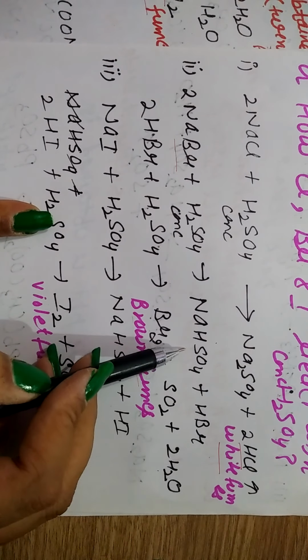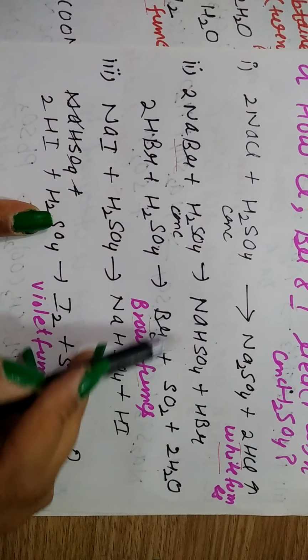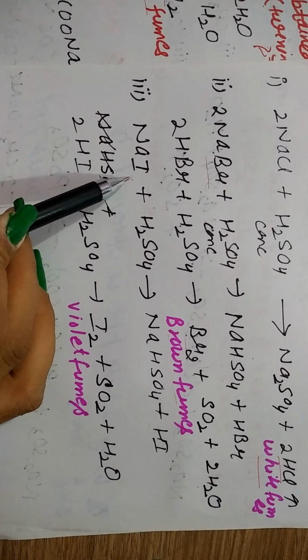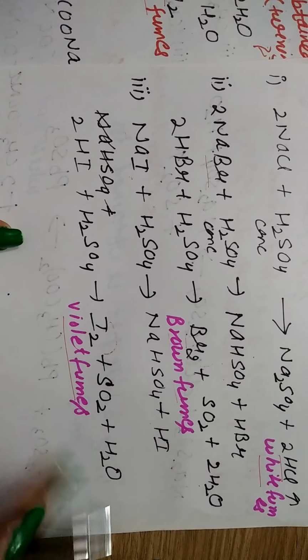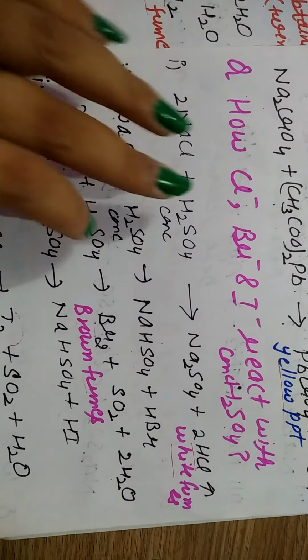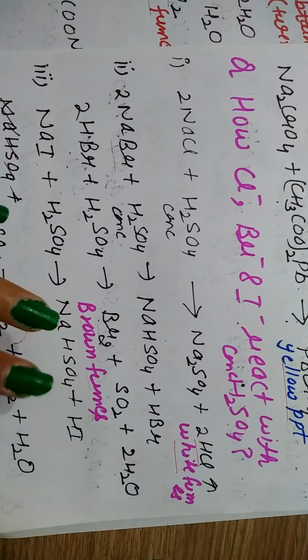Firstly, it will form sodium bisulfate and then it will form brown fumes of bromine. Similarly, sodium iodide will give us violet fumes of iodine. This is the difference between chloride, bromide and iodide on the basis of their reaction with concentrated sulfuric acid.